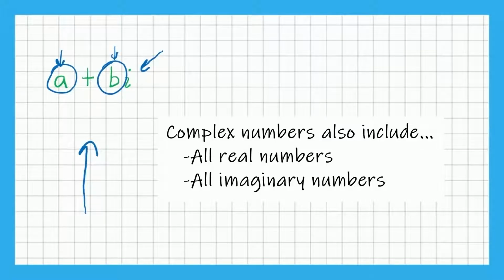So if we have a number like 5, that is both real and complex, because we could write this as 5 plus 0i, and therefore it is defined as complex and real.